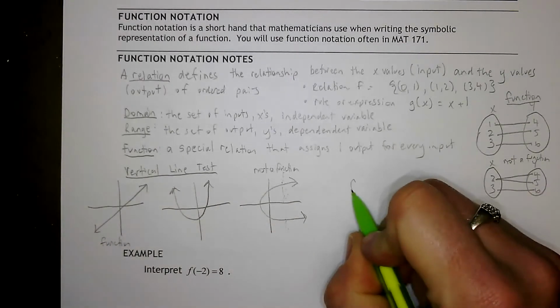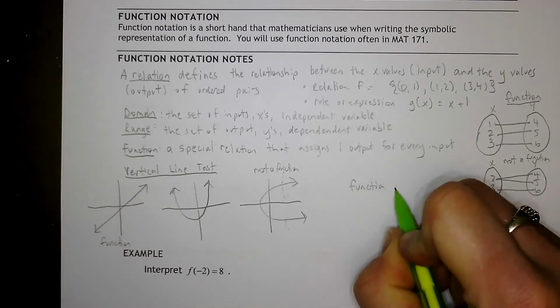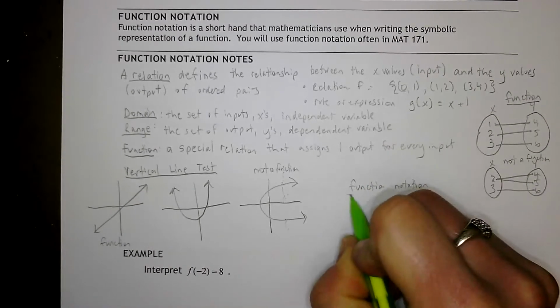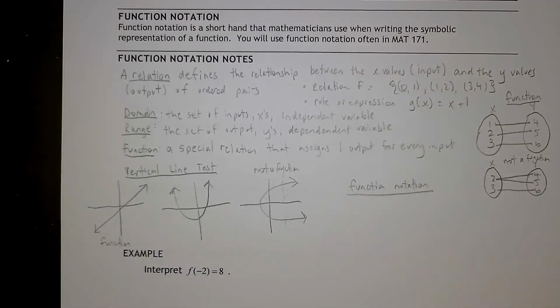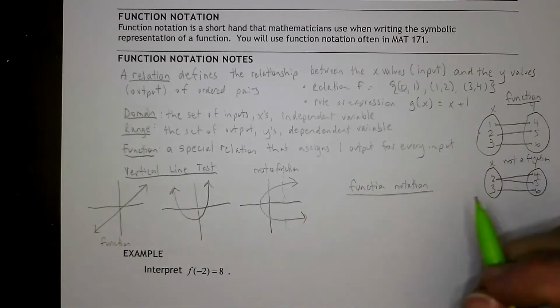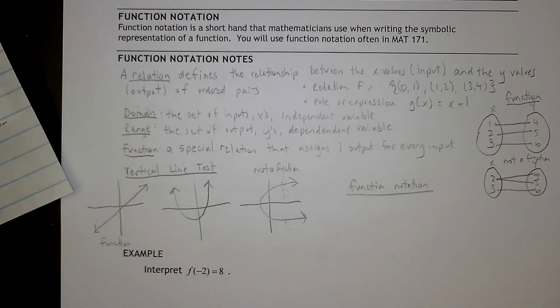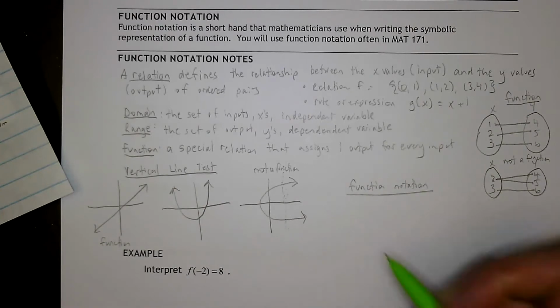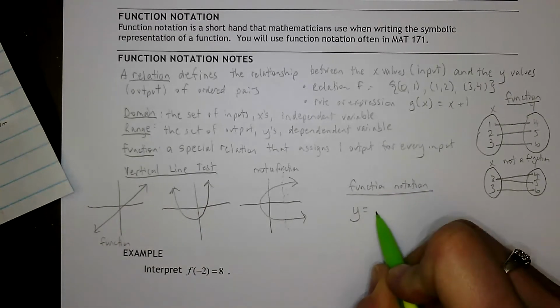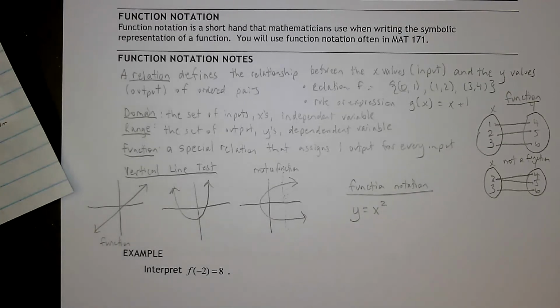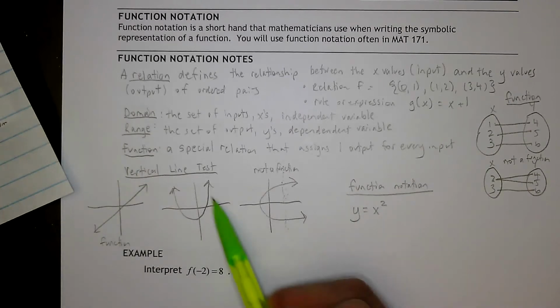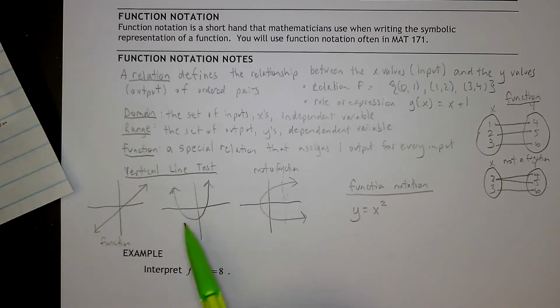Now, we also have function notation, which is what we actually are going to talk about today. Function notation is just another way of writing a function. It's a shorthand of sorts. So if we write the equation y equals x squared, just as a reminder, x squared is a quadratic, and that would make a parabola. So this is absolutely a function.